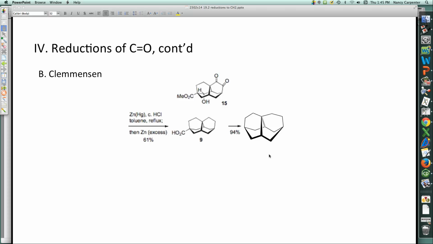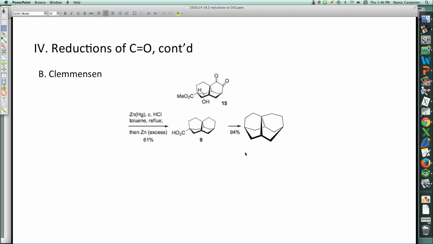This guy is called diberylane, and you may look at it and think, what's up with that molecule? A lot of times we make new molecules just because of the challenge of making them, but it turns out that along the way you often develop new methods that turn out to be very valuable. So this one's obviously a pretty neat looking symmetric molecule that has some inherent molecular beauty.